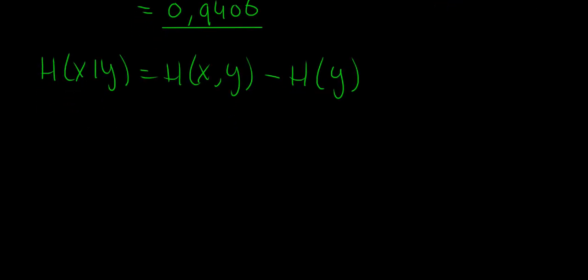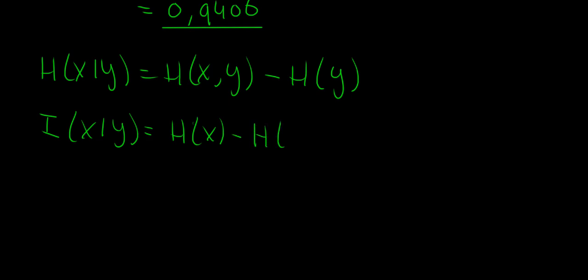With entropy always comes the notion of information, how much information something gives. And we also have conditional information, of course. Conditional information can be calculated with the entropy of X minus the conditional entropy X given Y. This just says how much information our variable gives.